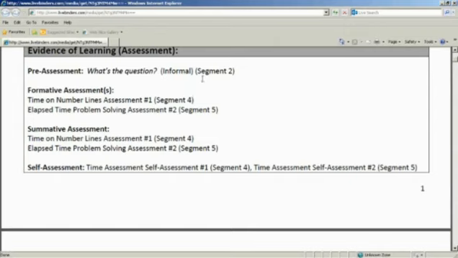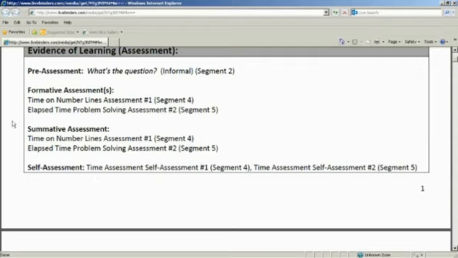Keep in mind that these are noted by segments because this lesson has been divided into several segments. Lastly, there is a self-assessment piece that students can use along the way to assess their own knowledge. And this can be quite telling, I have found in my classroom.